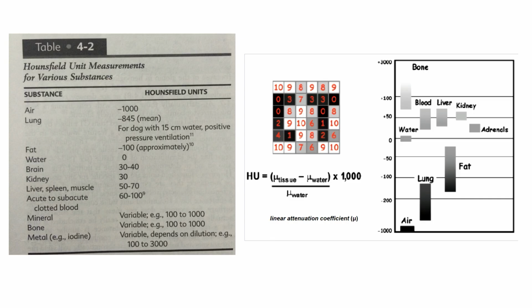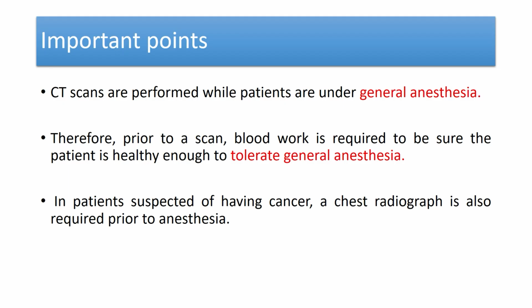In the CT scan you can see the grayscale of various tissues. Air is totally black, and white is totally the metal and the bone. So, this is a CT unit.